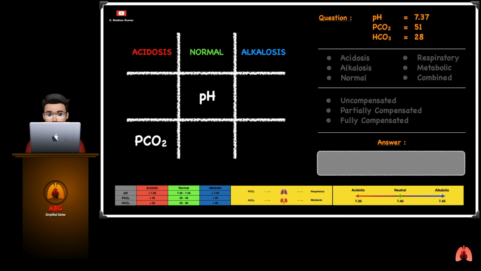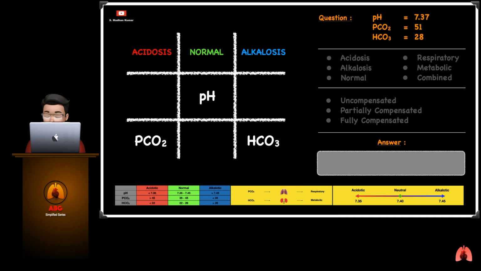HCO3 is 28, which is alkalotic, so mark it under alkalosis column. As we can see, here pH is normal and the other values are abnormal, so it is called fully compensated. We need to determine whether it is acidosis or alkalosis.